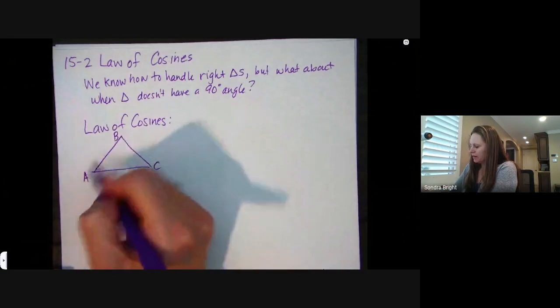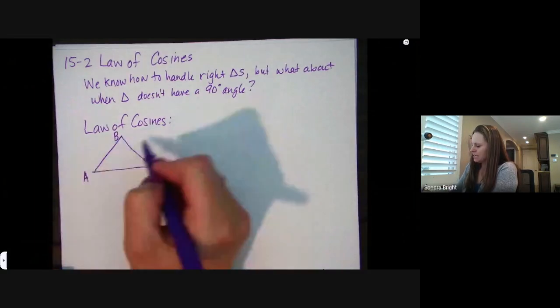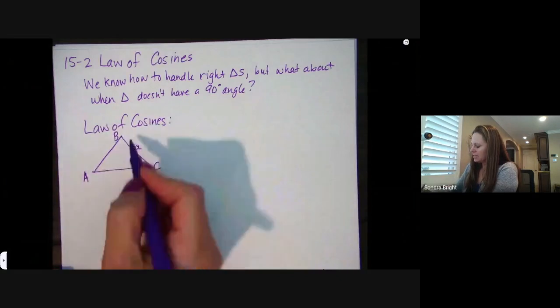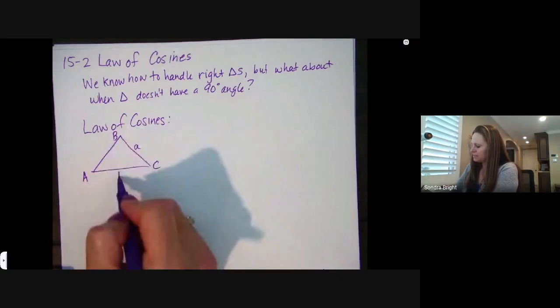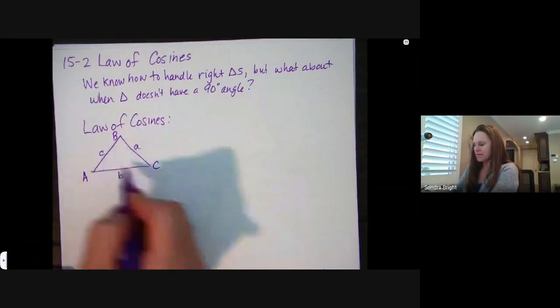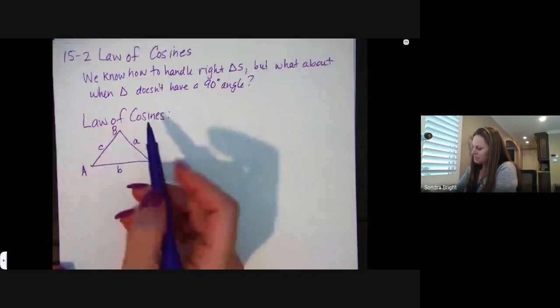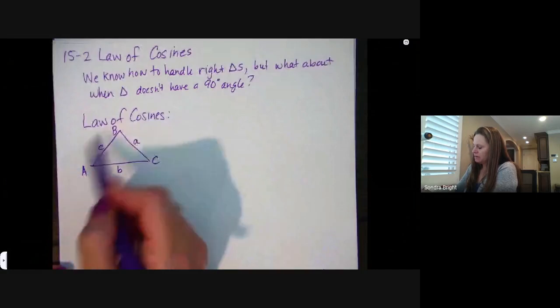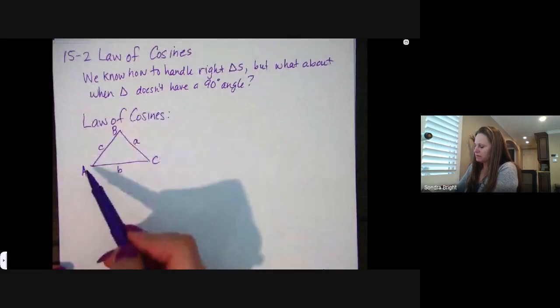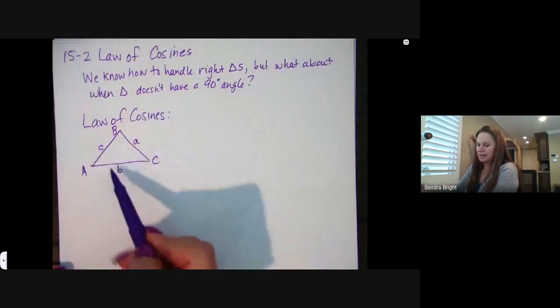So side a is opposite angle A, side b is opposite angle B, and side c is opposite angle C. Well, it turns out that you can find any of these sides based on the angle opposite it and the two other sides. It's like a side-angle-side given.